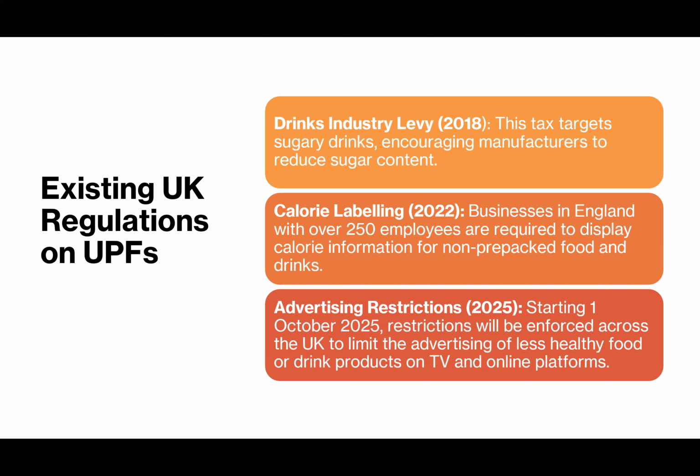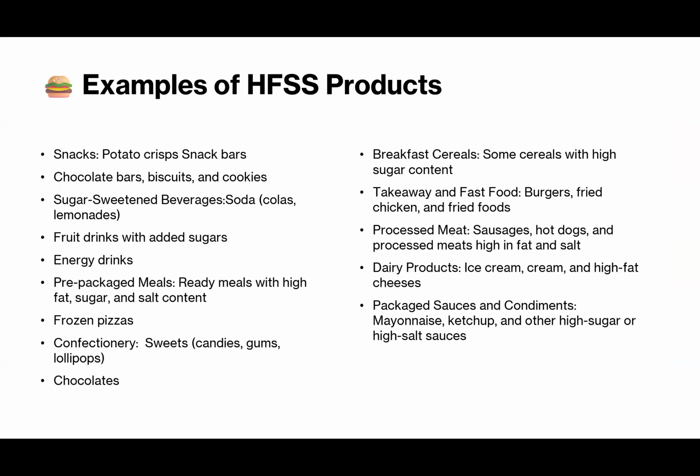And from October this year, 2025, restrictions will be enforced across the UK to limit the advertising of less healthy food or drink products on TV and online platforms, including sale platforms. I think already you can't sell unhealthy ultra-processed food next to the checkouts.